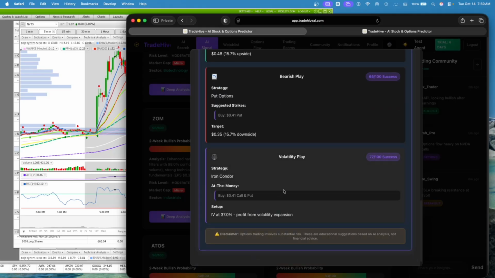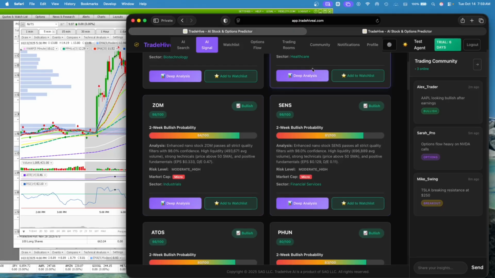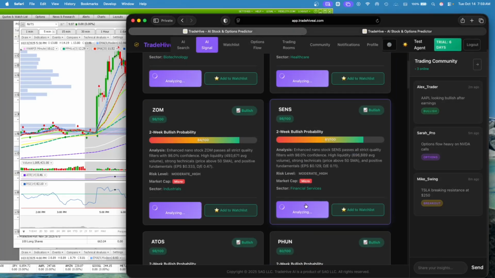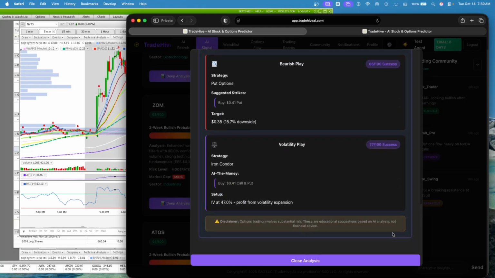So you can exit. You can close it, and I don't know if you see it, there's a disclaimer below here that says option trading involves substantial risk, so be careful of what you're doing. AI analysis, not financial advice.